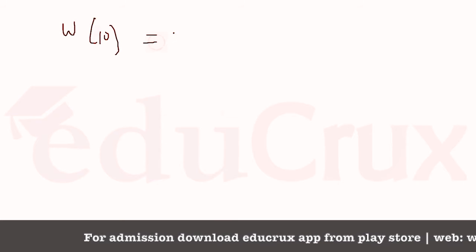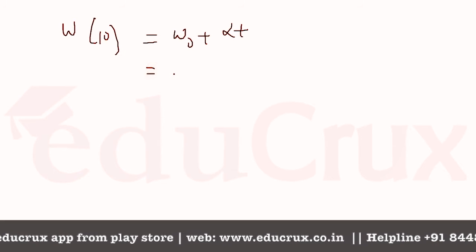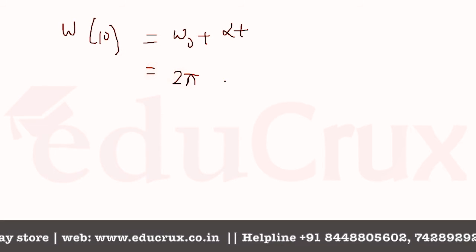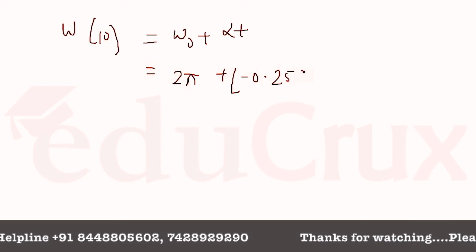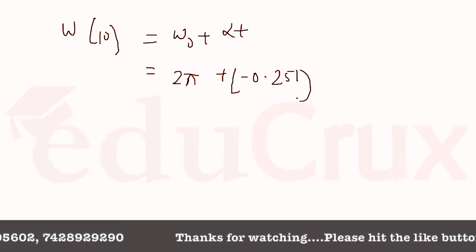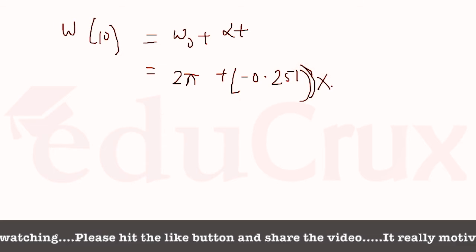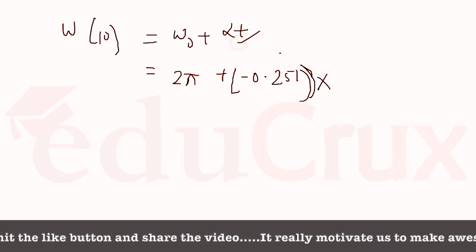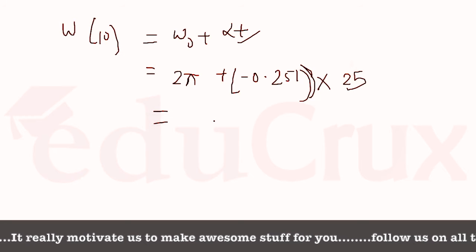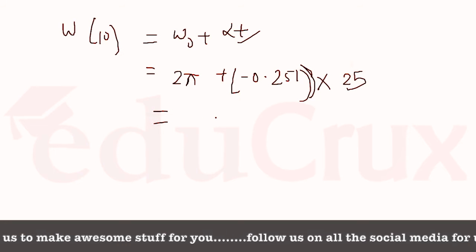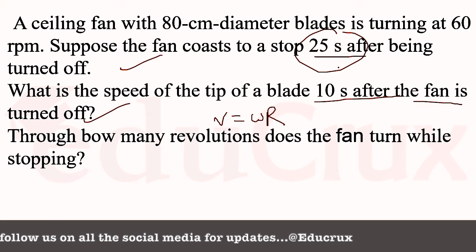This is omega naught plus alpha into t. Omega naught we know is 2 pi, and this is plus minus 0.251. Here it is minus, that means definitely it's deceleration, because our fan is being stopped. Now t here is not 25, it's 10, because we need to calculate after 10 seconds.